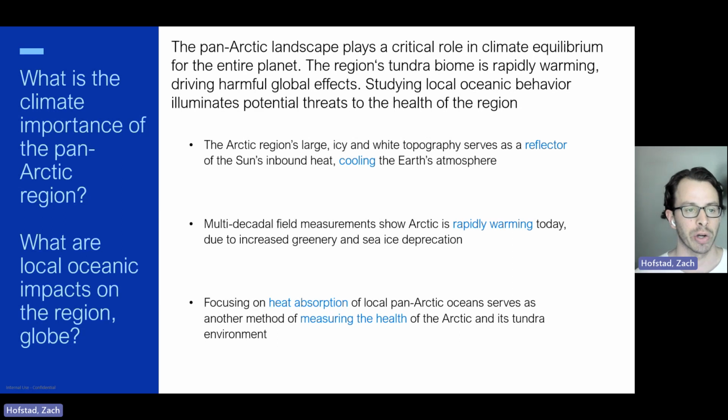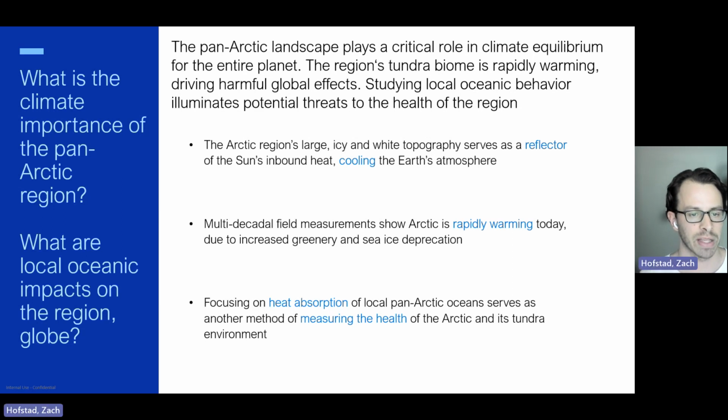The Arctic is a very large icy and white geography, and naturally it serves as a reflector of the sun's inbound heat from space. So as the sun sends heat to planet Earth, the Arctic actually plays a role in reflecting that heat back into space, in turn cooling the Earth's atmosphere and supplying some equilibrium to the planet's climate.